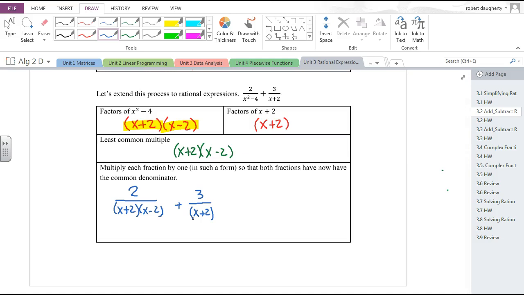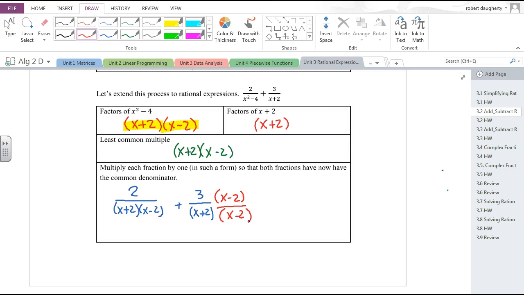Now, this is my common denominator, x plus 2, x minus 2. What does this fraction need to be multiplied by so that it has the same denominator? It needs to be multiplied by x minus 2 over x minus 2. Now, do you see, if I do that, both of the denominators are going to be x plus 2, x minus 2. Does everyone see that? So I'm only multiplying that second term.